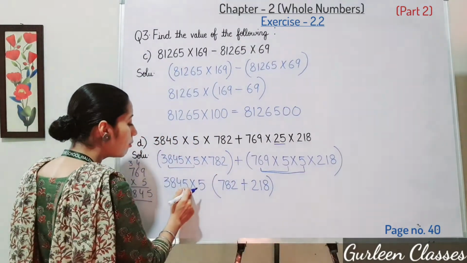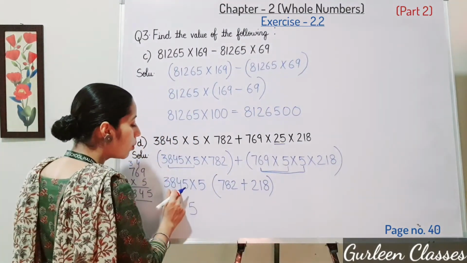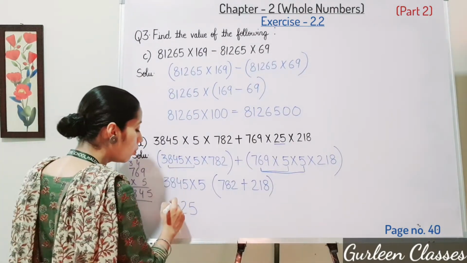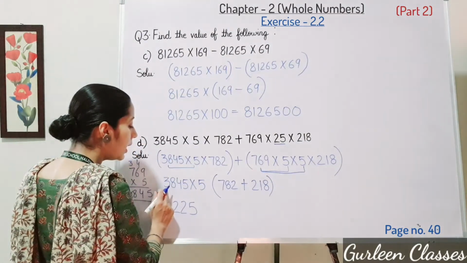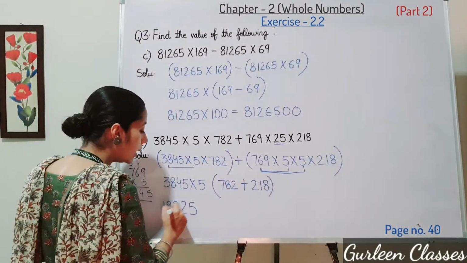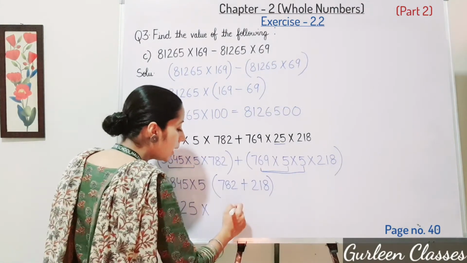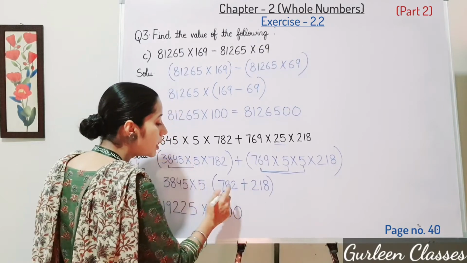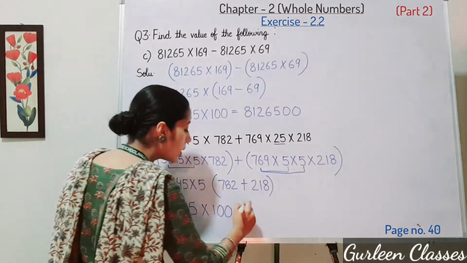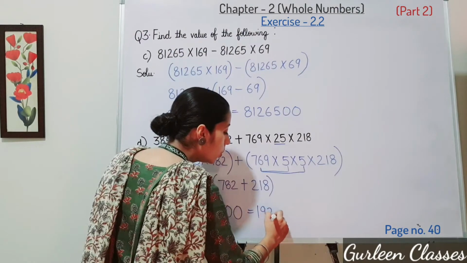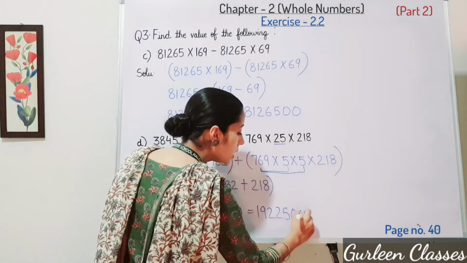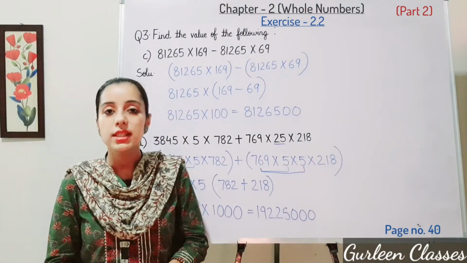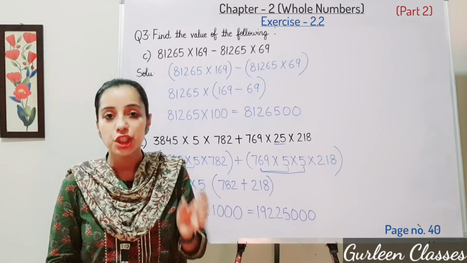Let us multiply. 5 fives are 25, 5 fours are 20 plus 2 22, 5 eights are 40 plus 2 42, 5 threes are 15, 15 plus 4 19. So your answer is coming 19225000. So I hope students these questions are clear. You just have to see both the side numbers where operation is written.